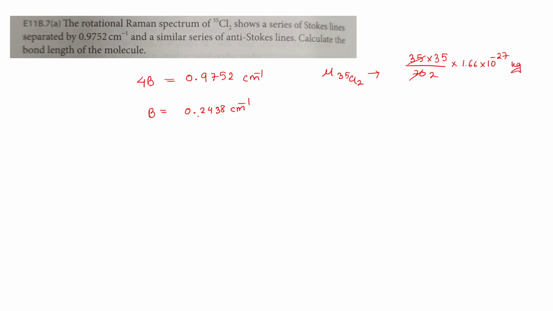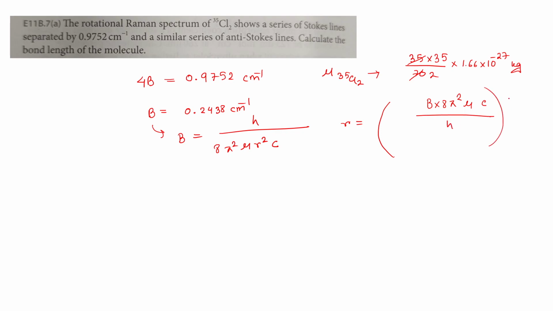Now B is h by 8 pi square mu r square c, right? So your r is nothing but b into 8 pi square mu c by h, to the power half.